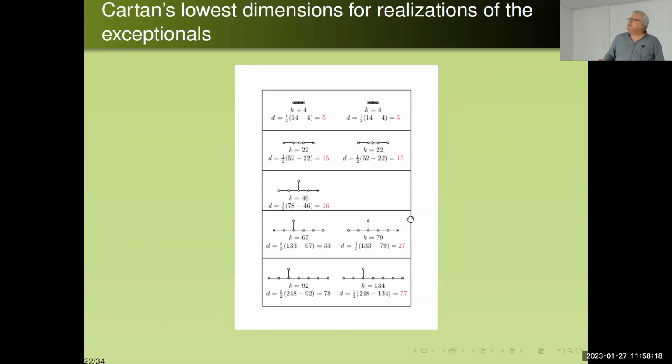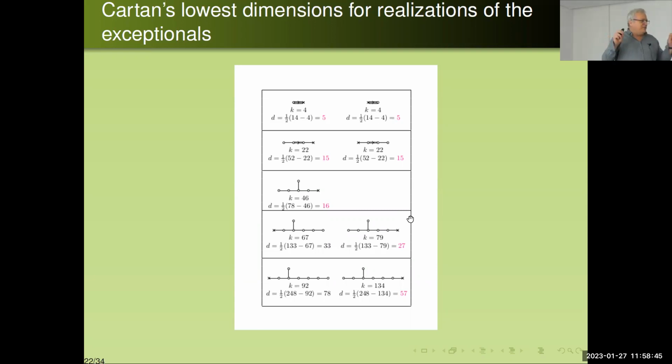And here is the story of Cartan, right? So if we look at the group G2, it has dimension 14, and you can make either this cross on the Dynkin diagram or this cross. They are non-equivalent because here the arrow goes to the node, and here the arrow goes off the node, or the other way around.